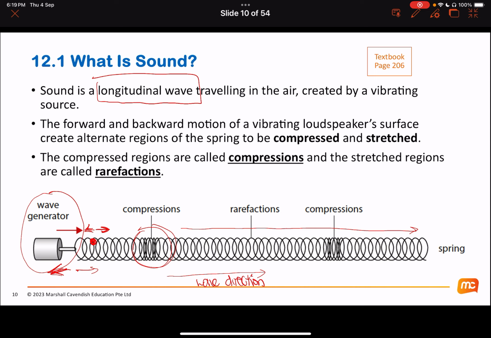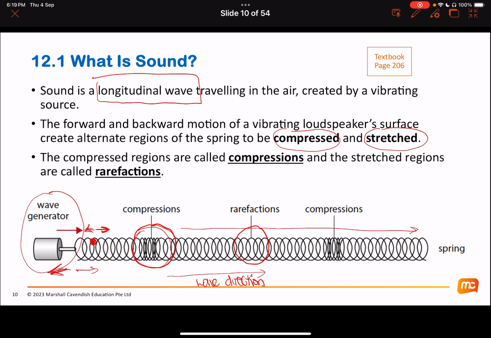So when it creates this region of compression, and areas whereby it's being stretched, because this spring has a fixed length, if some parts are being compressed, then definitely you have some parts whereby the spring looks very sparse, very spaced apart. These regions are what we call rarefactions.